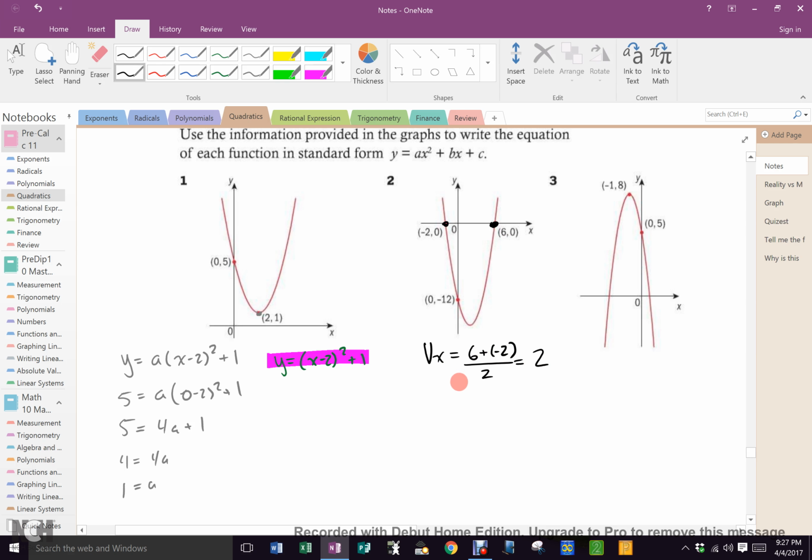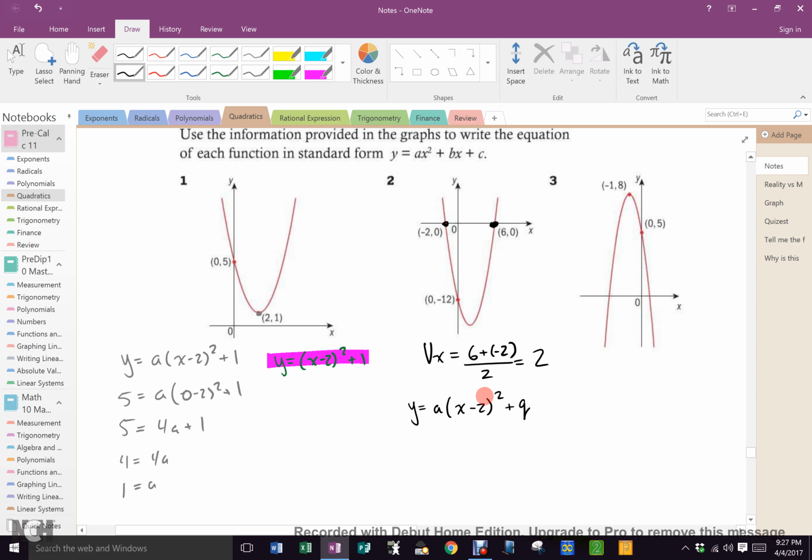So now, since I know my vertex x, y equals, oops, forgot the a, y equals a(x minus 2) squared plus q. I know my y and my x, but I don't know my a.